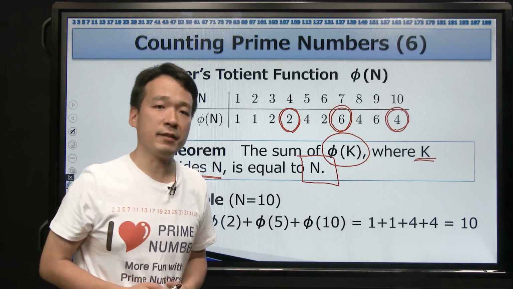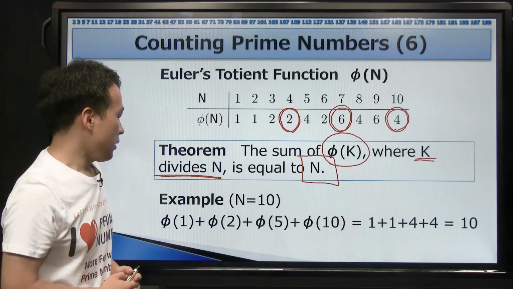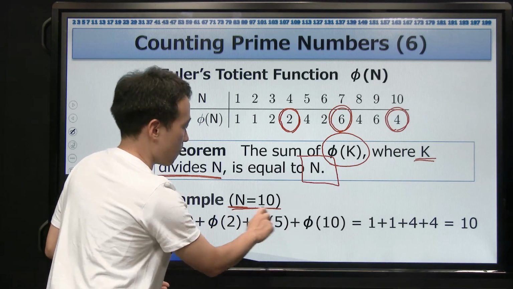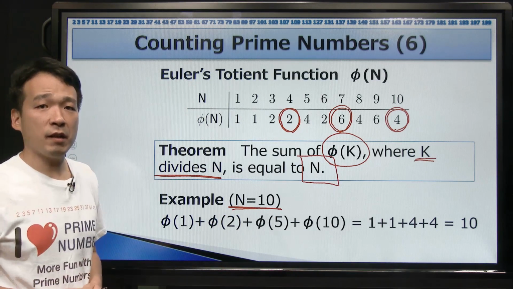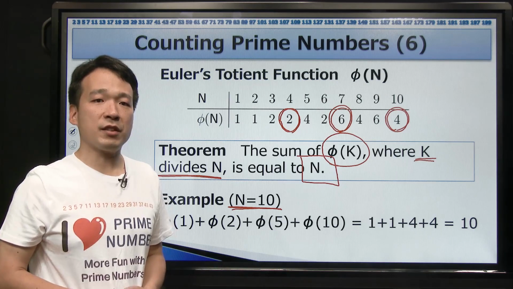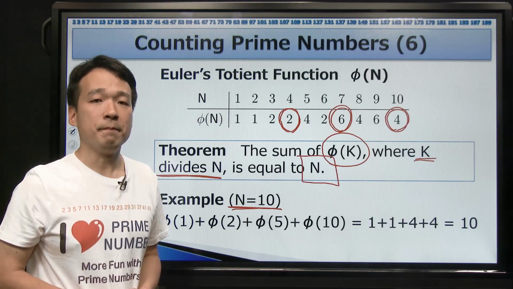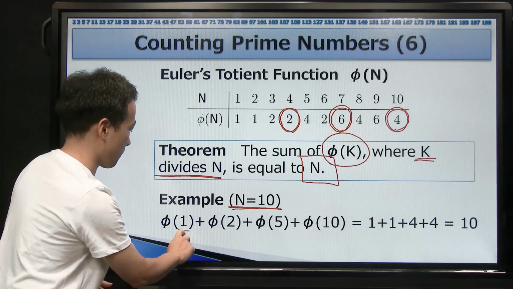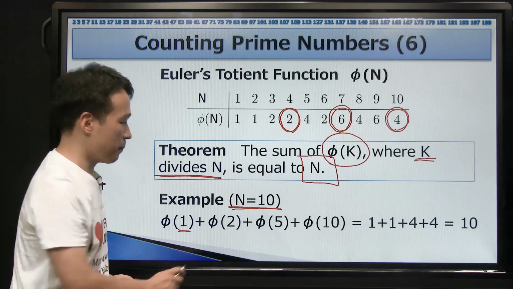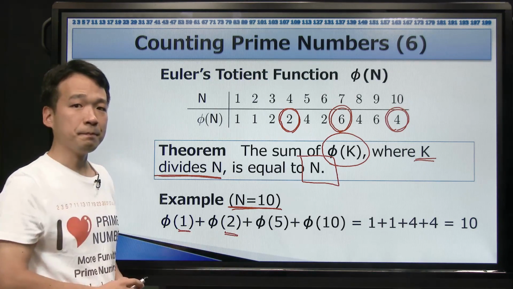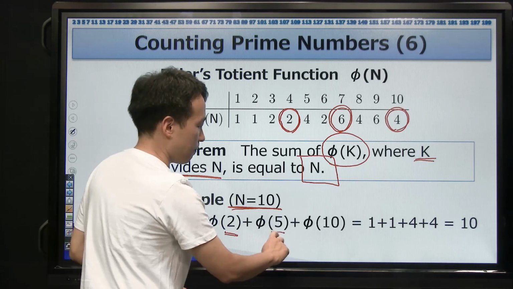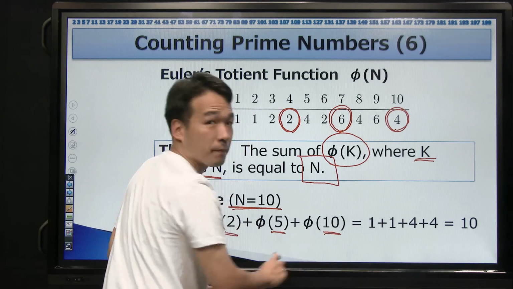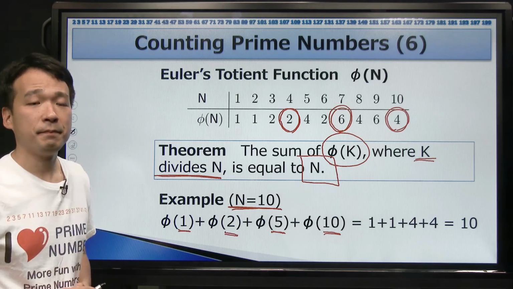Let me give you an example. If n is 10, there are 4 positive integers k dividing 10, namely 1, 2, 5, and 10.